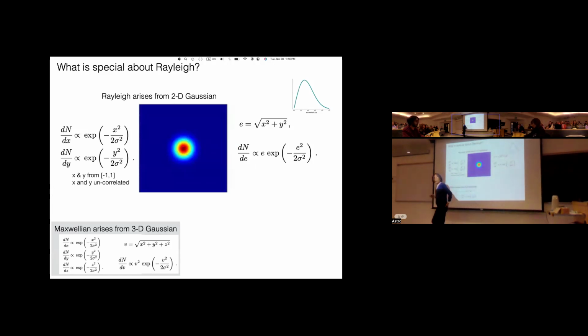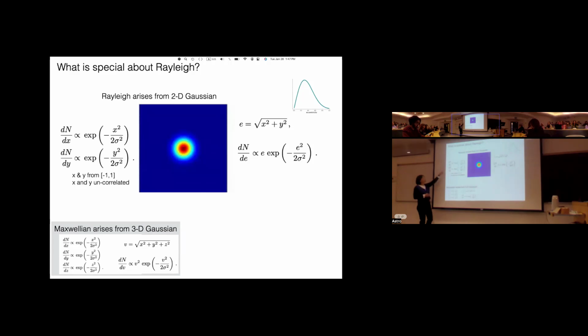So by now you should start asking what's special about Rayleigh. I'm sort of brainwashing you to say Rayleigh everywhere. But what's special about Rayleigh? This is what's special about it. If you have two variables which are both Gaussian distributed, as universe objects often have a normal distribution, you learned that from the central limit theorem.